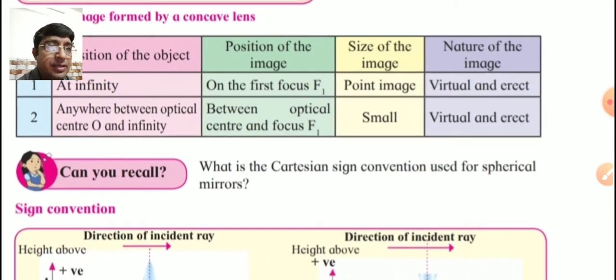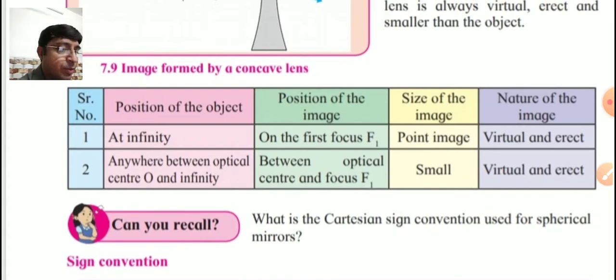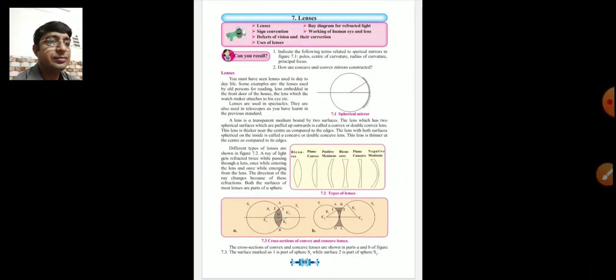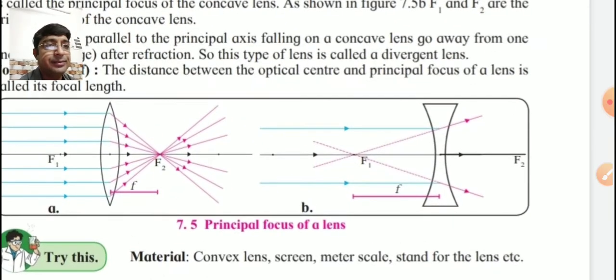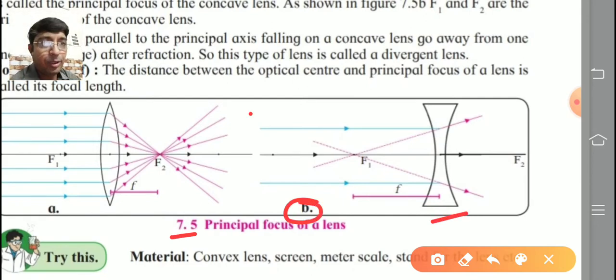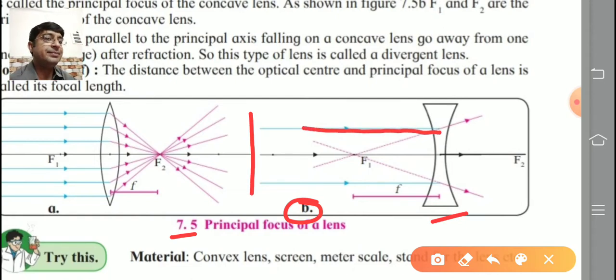So the diagram related to this first point is given on textbook page number 81. We are checking this diagram now. See here. This 7.5b is a concave lens. When object is at infinity, so incident rays are parallel.